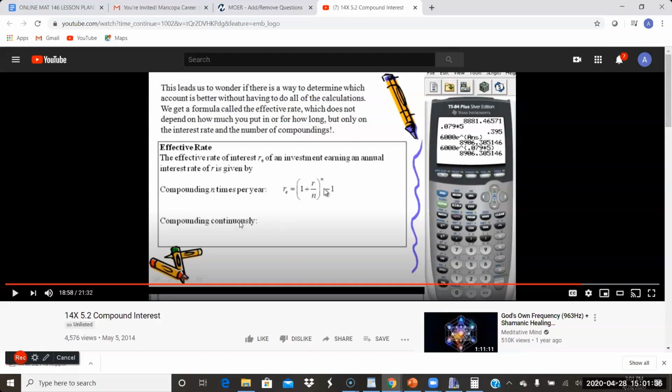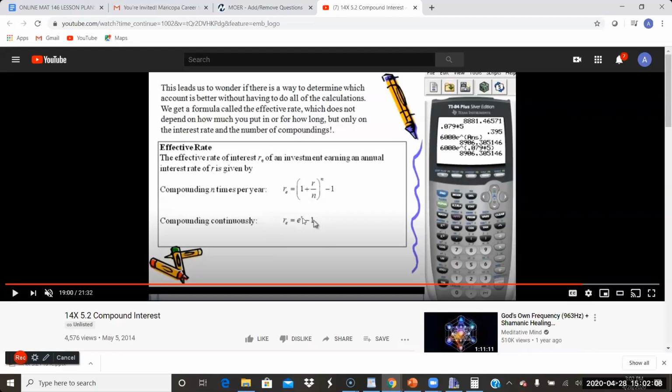If you had an account that says, I'm compounding continuously, then you'd use a different formula. The effective interest rate would equal e, because when you see the word continuously, you need to use that exponential function, e.